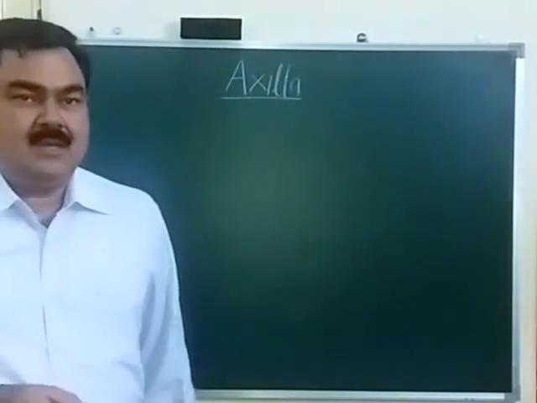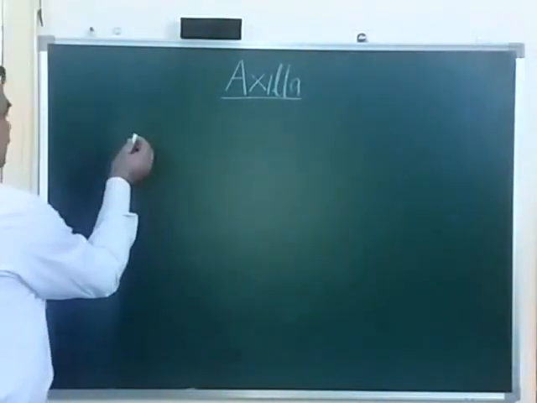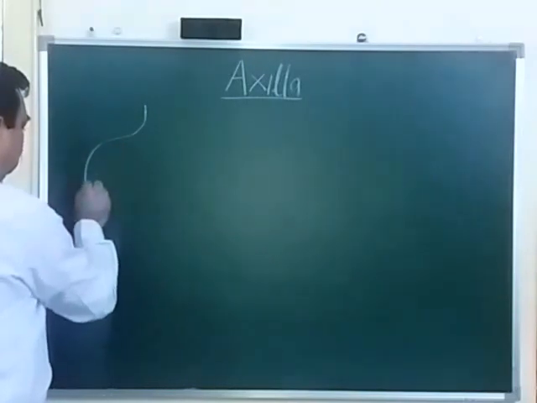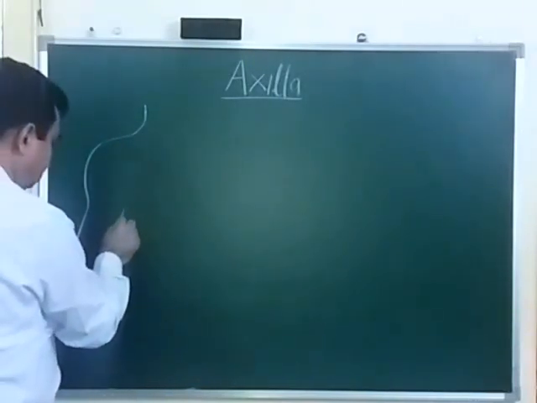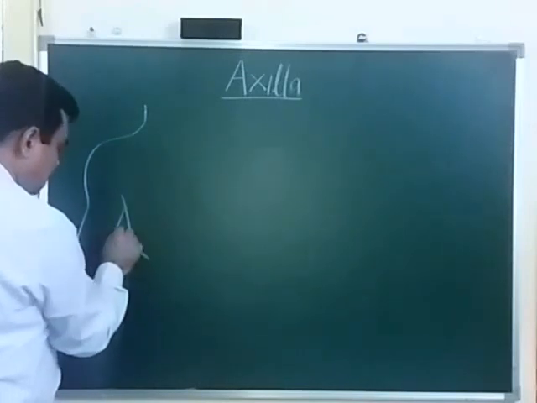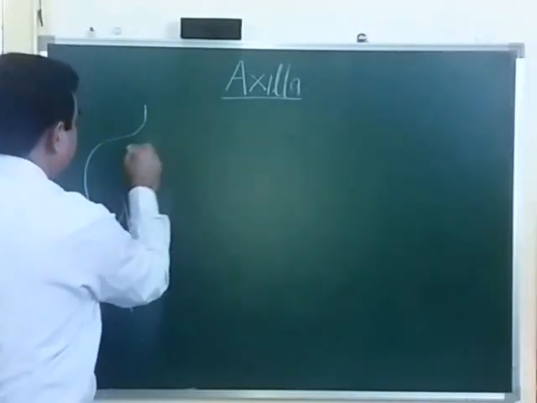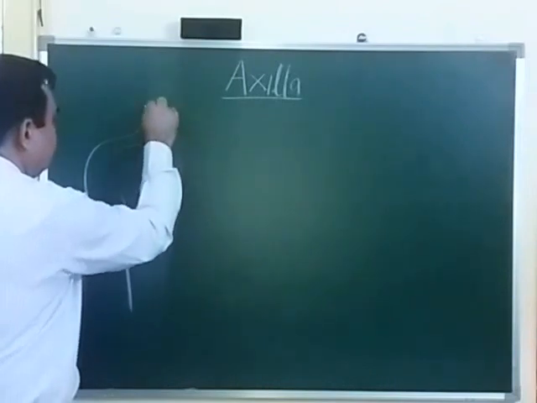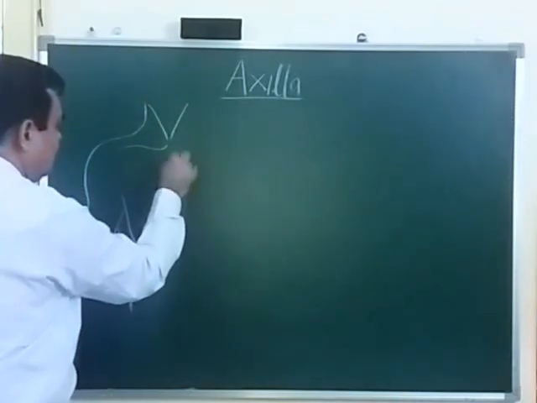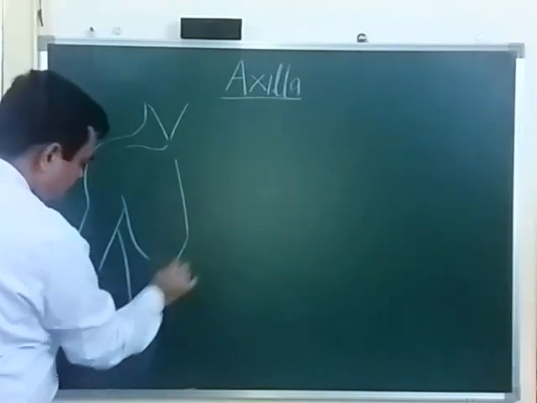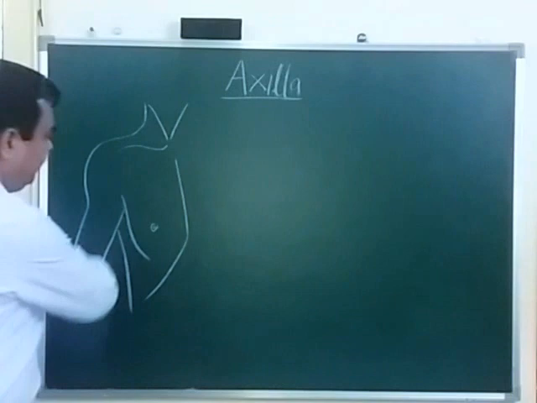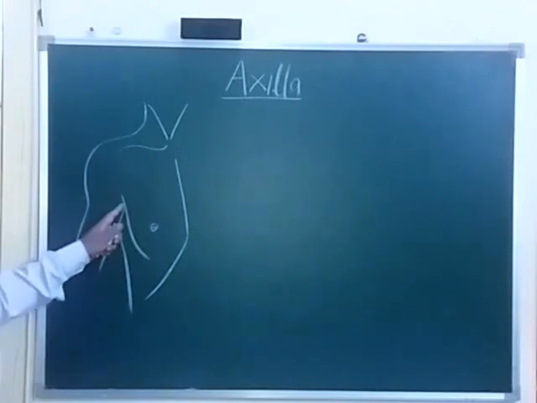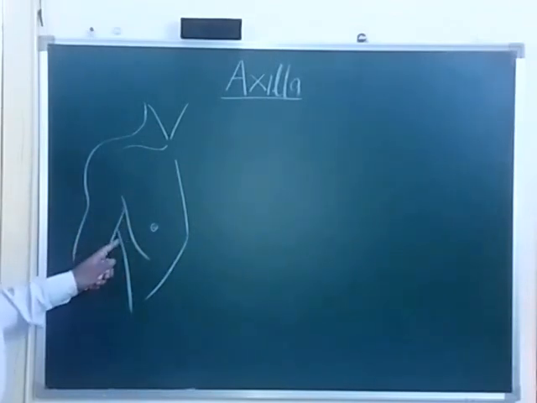First of all, I would like to make a diagram. In this diagram, you can see this is anterior axillary fold, and this is posterior axillary fold.